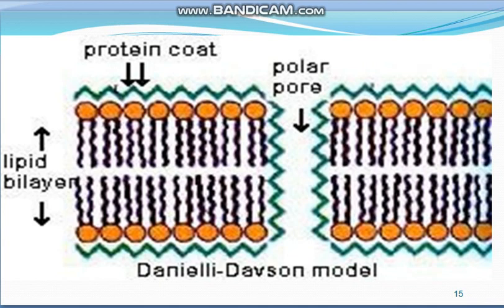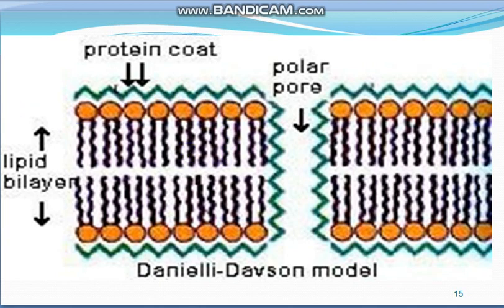One is the bimolecular bilayer, which is a lipid layer, and it is sandwiched between the two layers of proteins. Lipid molecules are set at right angle to the surface. This is the surface and this is a lipid molecule, so they are at right angle.